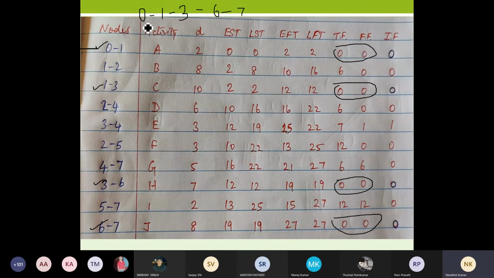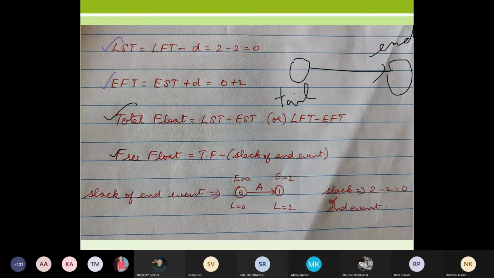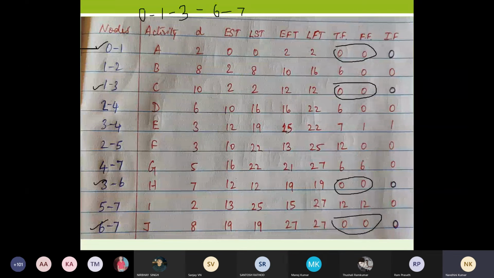If I follow this path 0 to 1 to 3 to 6 to 7, that will lead me to my critical path. That will give me a sum of 27 days there. Okay, so it will give me 27. Is it okay? This is how you calculate your critical path.